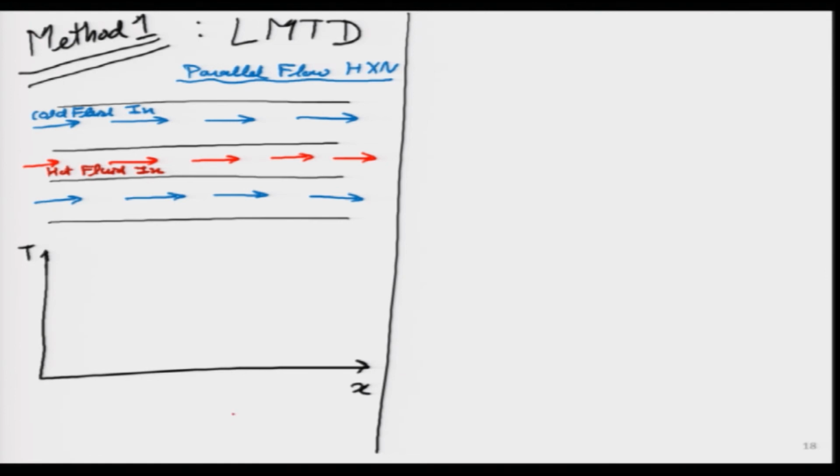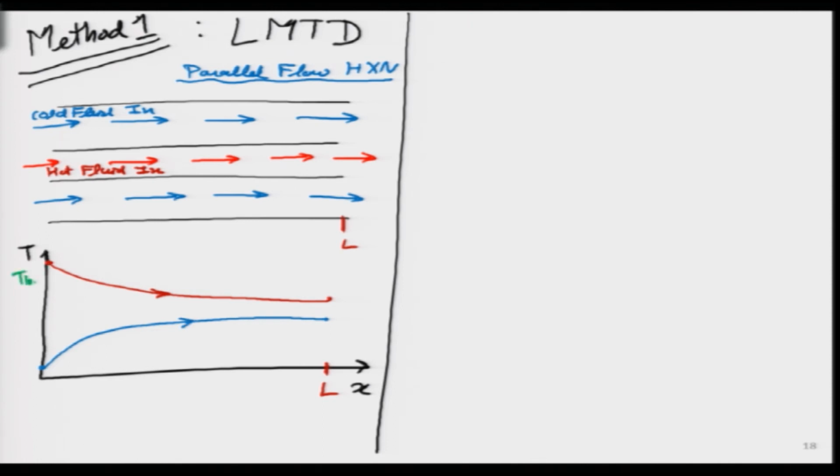I can put certain numbers as well over here, but first let me draw this particular temperature profile, and this is the length L over here. So, over here let me say our hot temperature has dropped suddenly from this point to this point, and the blue temperature has risen from this point to this point, it has gone up like this. Okay. And let me go ahead and put the temperatures in green color over here.